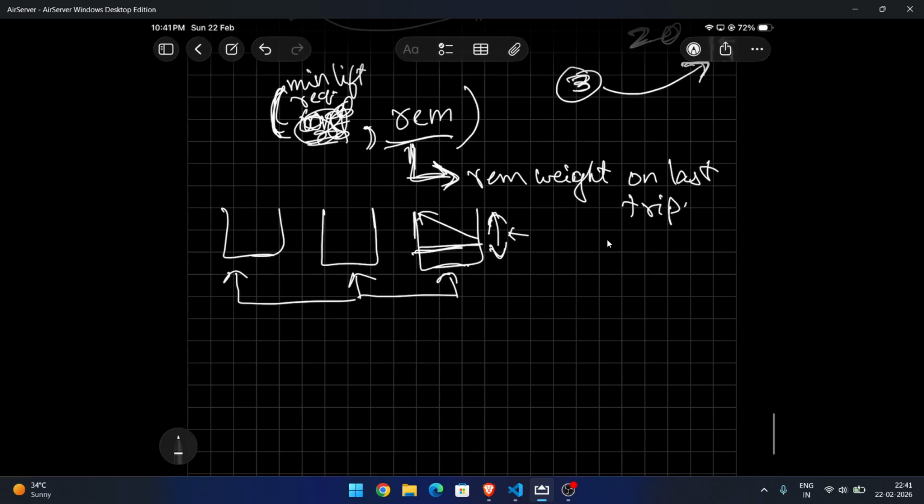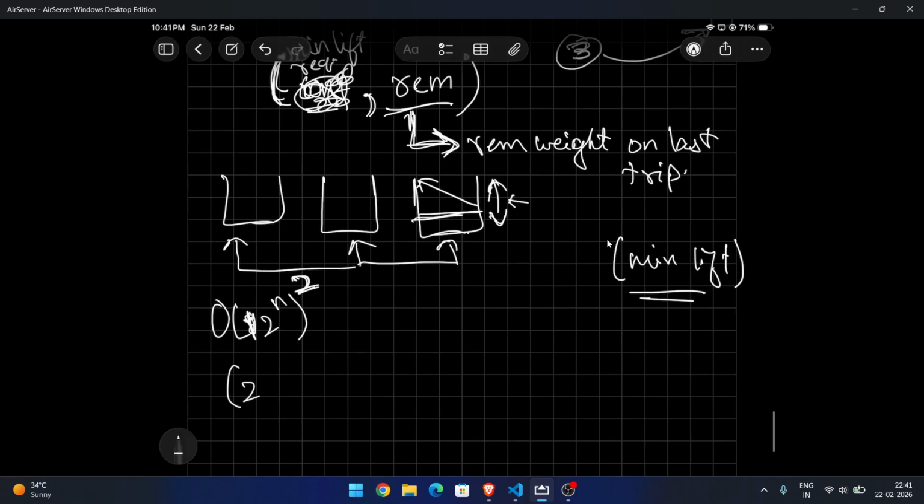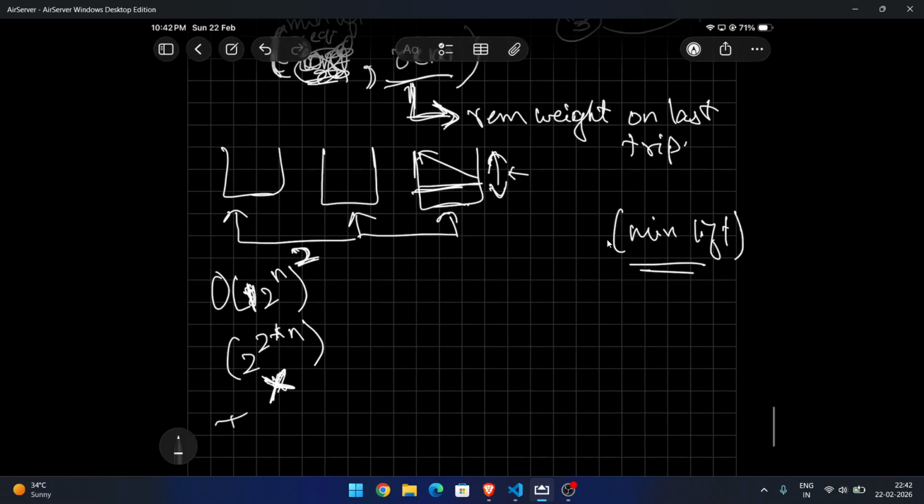Earlier we were just storing minimum lifts, but what was the limitation? Now we have to search for every state, which was given as 2 to the power n, raised to square. This was not possible because it would give us TLE.